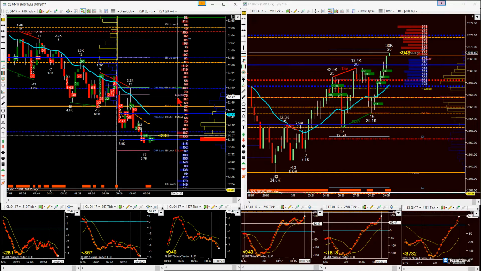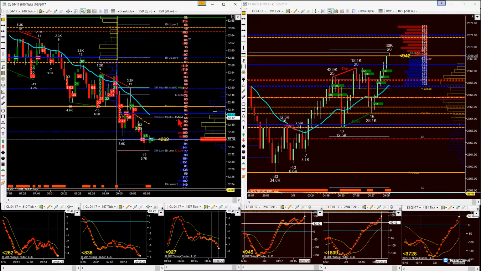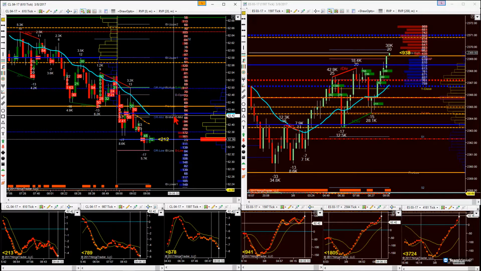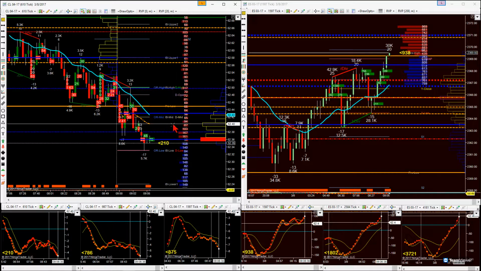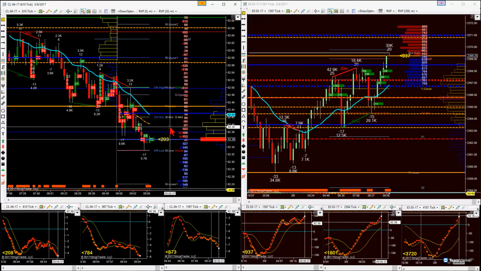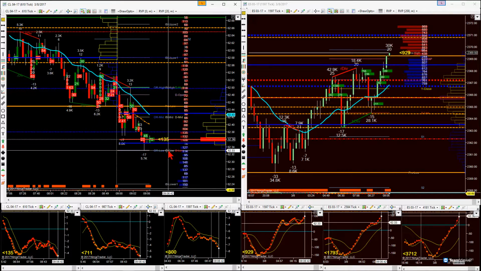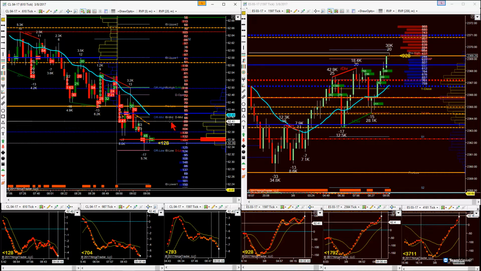You know, right now with the way things are looking, I think we'd be willing to start getting into a position if we get a move back up here. I don't want to get into a position at VWAP. Low of day is currently 33. VWAP is 40.